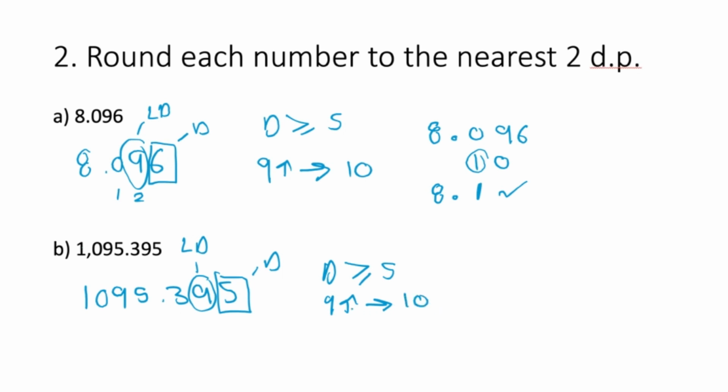So the 9 turns into a 0 and the 1 is carried over to the first decimal place. So you would add 3 plus 1, which is 4. So the answer would be 1095.4. This happens when you have a 9. Like I said before, you carry over the 1 to the digit before.